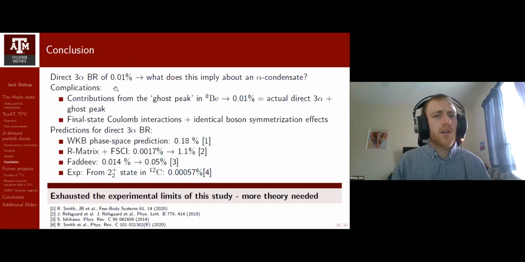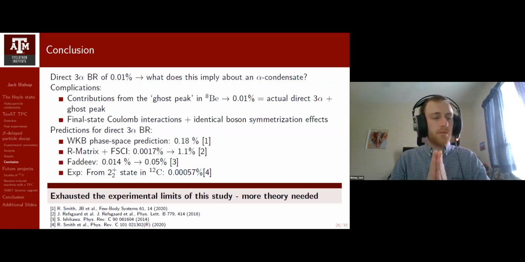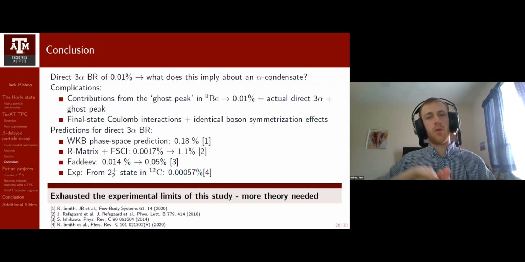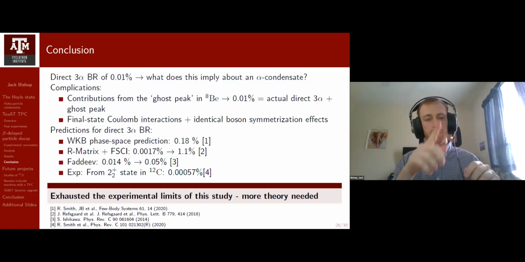The first of these are contributions from the so-called ghost peak in beryllium-8. The beryllium-8 is 92 keV above threshold. It's a very narrow resonance, and in situations such as this, you find that the penetrability factor, as you go higher in energy, actually rises faster than the line shape is decaying. So you end up with a second peak in your line spectrum.